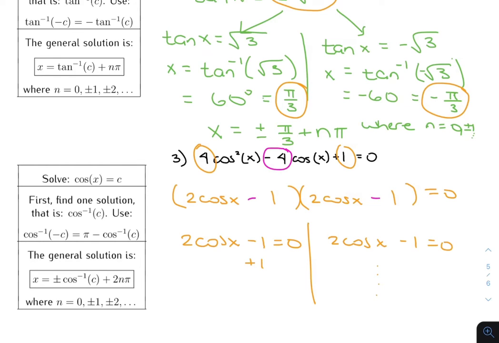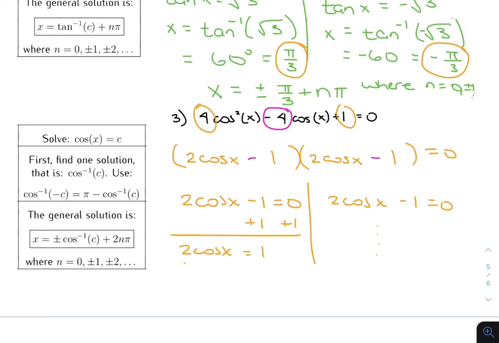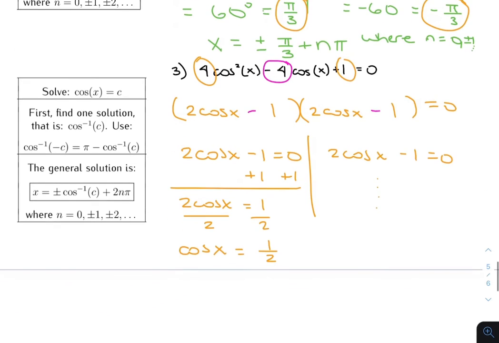So here we can add 1 to both sides, and we're left with 2 cosine x equal to 1. So now we can just divide 2 to both sides again. So our cosine x is equal to 1/2. If you guys plug this into your calculator, you should get that x is equal to 60 degrees, or pi over 3.